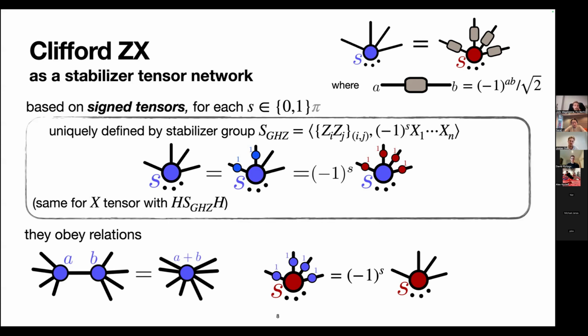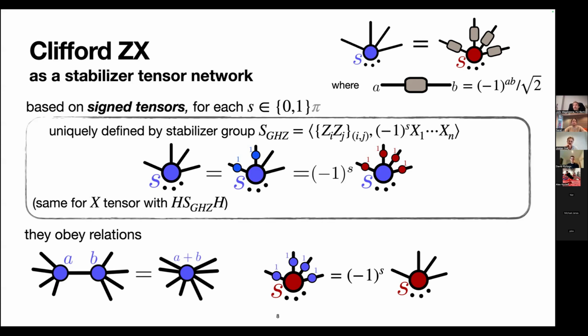And if you do the counting, you find that these define n independent Pauli operators. In this case, a pair of Zs for each pair of edges ij, and X1, X2 times X3, and so on up to Xn, times the phase depending on this S. And they define a stabilizer group of that tensor. Same for the X tensor, just Hadamarded.